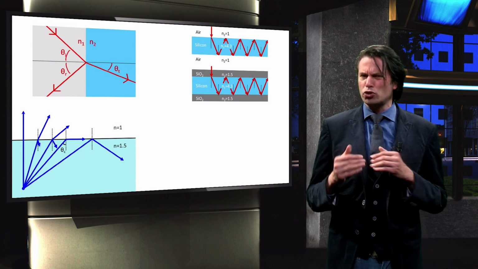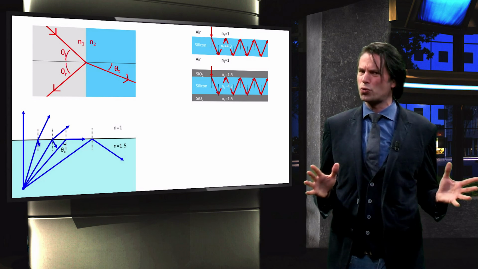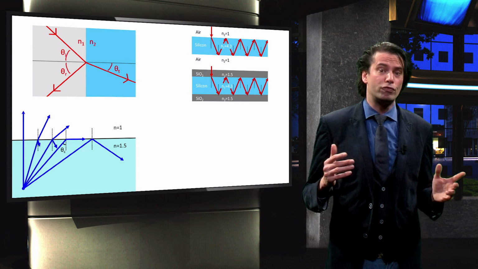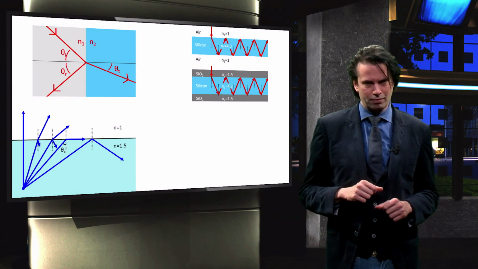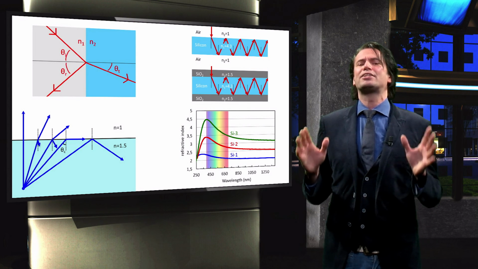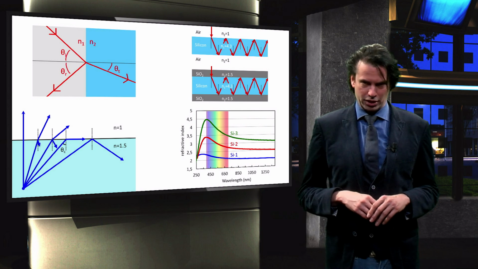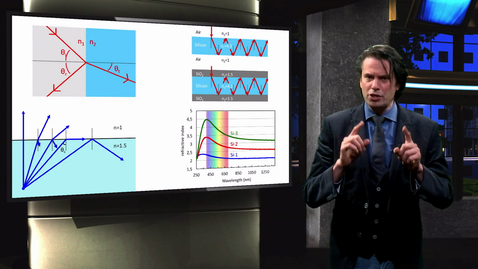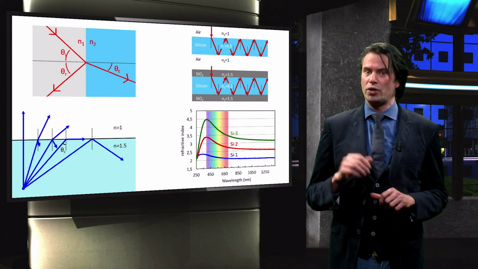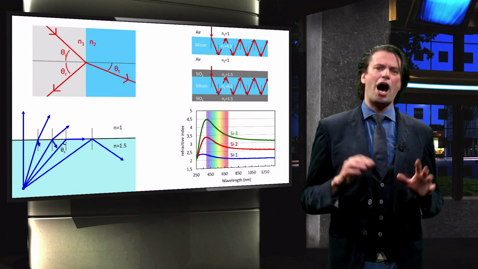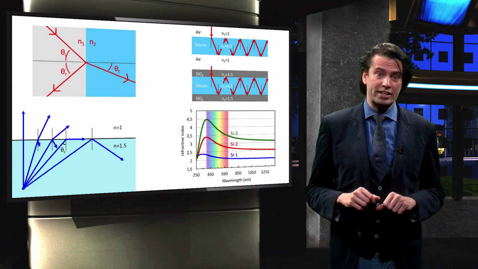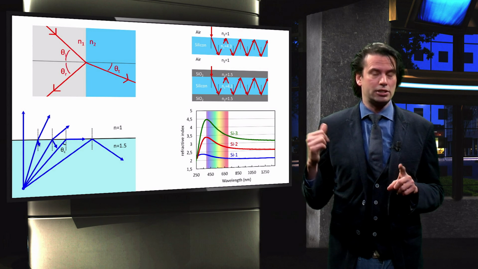And we saw that total internal reflection can strongly increase the absorption path length of a photon in a solar cell. Finally, we looked at the wavelength dependence of the refractive index of a number of silicon alloys. In the next video, we will discuss the Fresnel equations, which describe how much of the light intensity is reflected and transmitted at each interface.